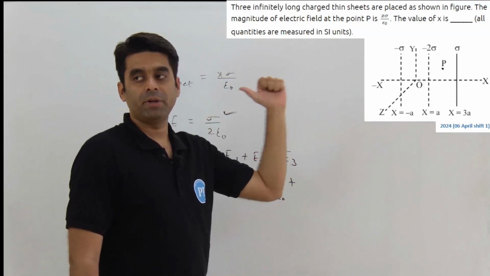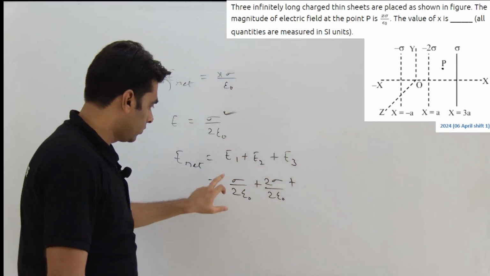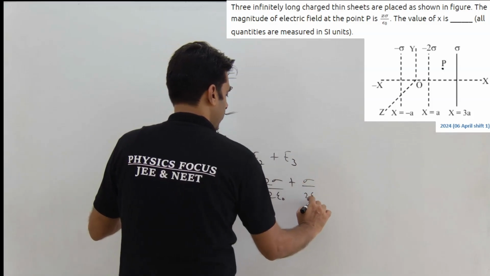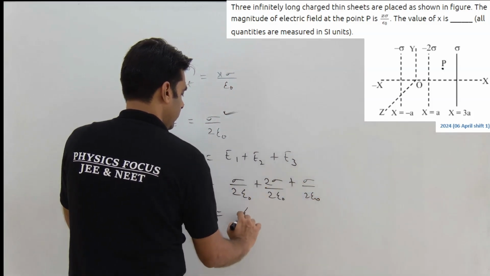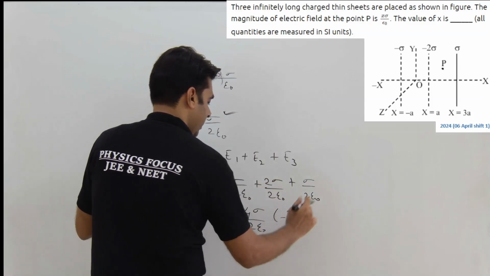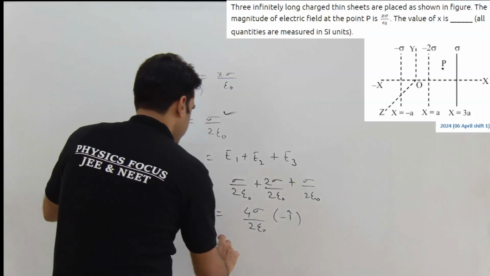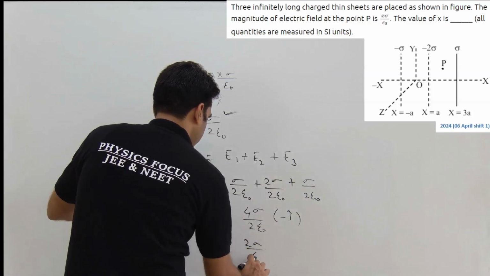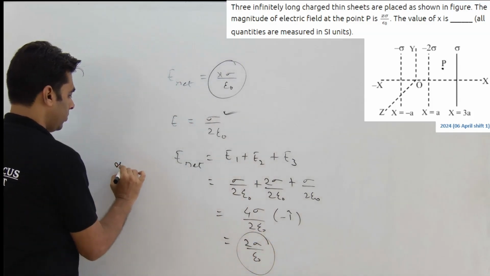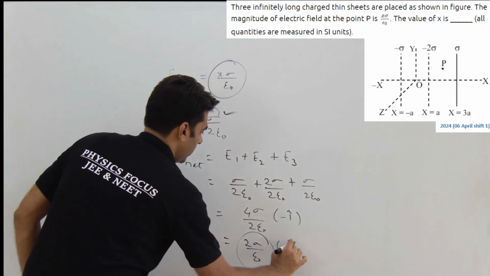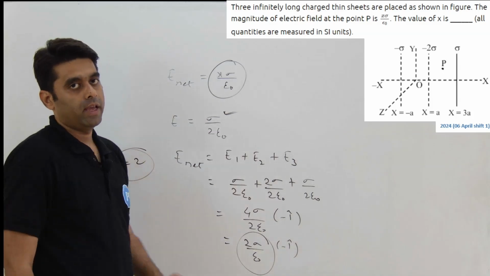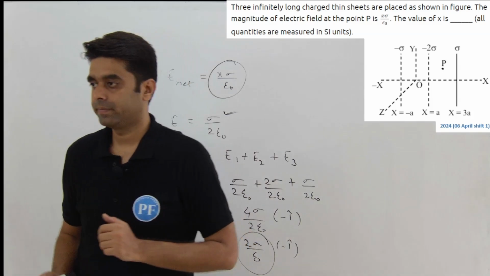Adding all of these, we get 4 sigma by 2 epsilon naught in the minus i cap direction, because it is the negative x direction. Ultimately we get 2 sigma by epsilon naught. Comparing, the value of x comes out to be 2. Our answer is x is 2, right? Let's move ahead.